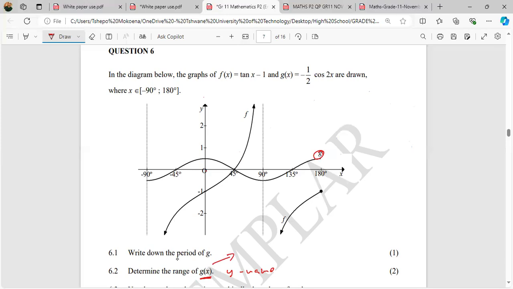The range simply means where does the graph range from, where does the graph range in terms of y values?